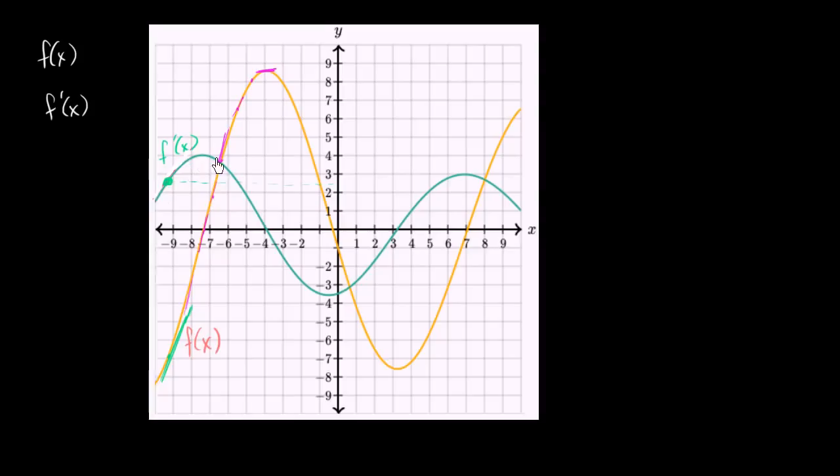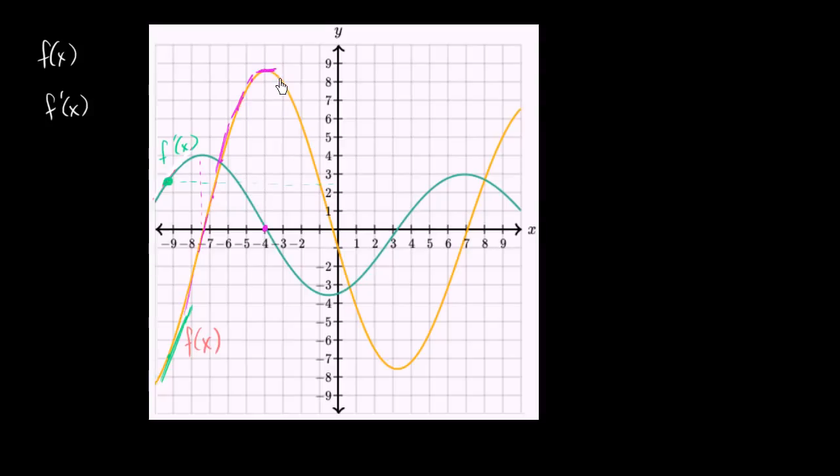Does this green function describe that? Well, let's see. The slope is positive and increasing up to this point, which seems pretty consistent with what we just experienced. Then the slope stays positive, but it's positive and decreasing, and that's what we saw here. The slope is positive and decreasing all the way to the slope getting to 0 at this maximum point here. And we see, indeed, that the green function hits 0. So it seems like it's doing a pretty good job of plotting the slope of the tangent line of the orange function.